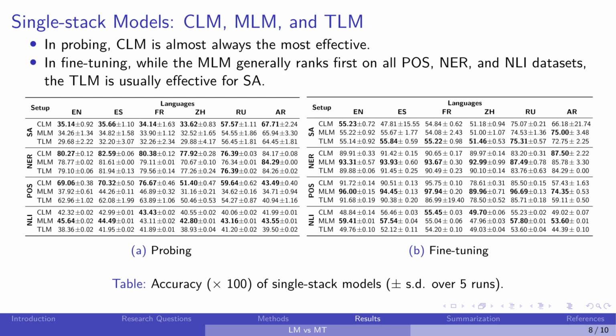In the probing context, we find the CLM to be almost always effective, except for NLI in 5 languages and NLI in Arabic, where it performs slightly less favorably compared to the MLM. As for fine-tuning, the MLM generally ranks first on all POS, NER, and NLI test datasets. The TLM is usually effective for the sentiment analysis task.